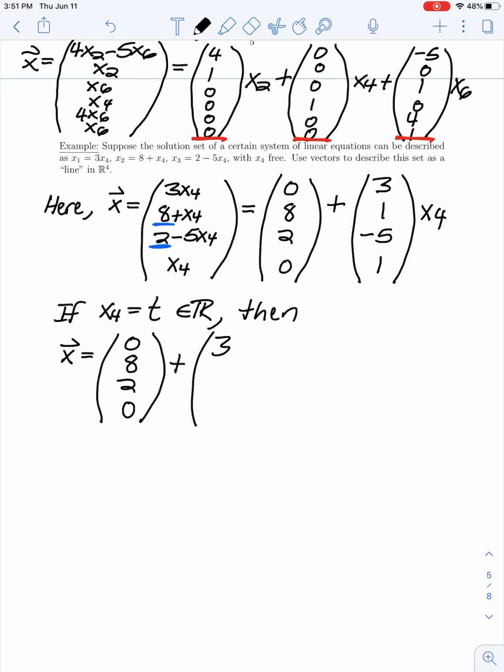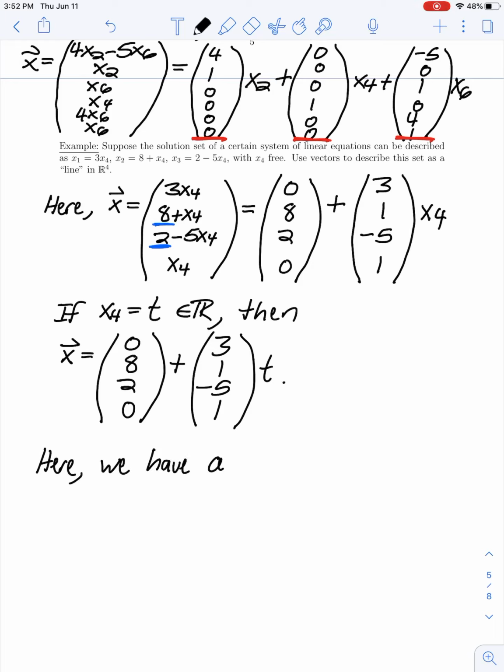And then we are adding the scalar multiple of the vector 3, 1, -5, 1, where we're scaling by this t. So this would be our solution set, and we're told to describe this set as a sort of line in R4.